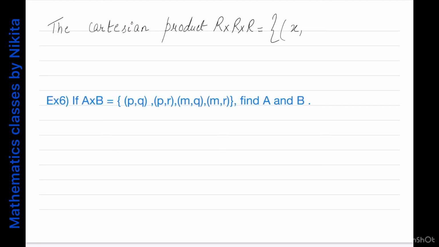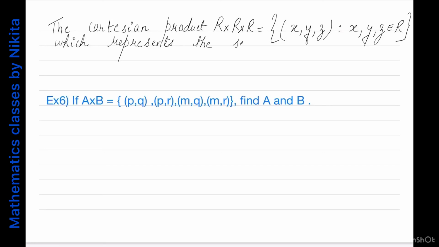So it will be the set of the form x comma y comma z such that x comma y comma z are coming from the set R. So this represents the set of all points in three-dimensional space, because now you have three coordinates. Okay, the first coordinate is x, then you have y, the second coordinate, and then the third coordinate is z.